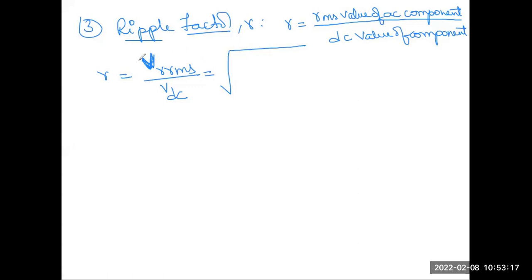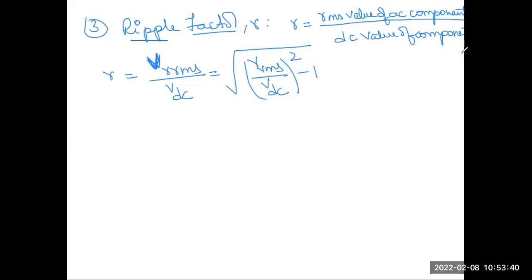If you find the RMS value of the ripple component and substitute it in the ratio, you get the ripple factor as root of (Vrms by VDC) whole square minus 1.